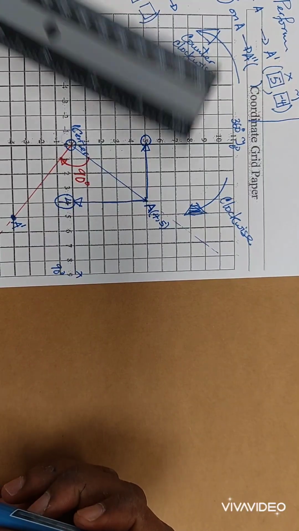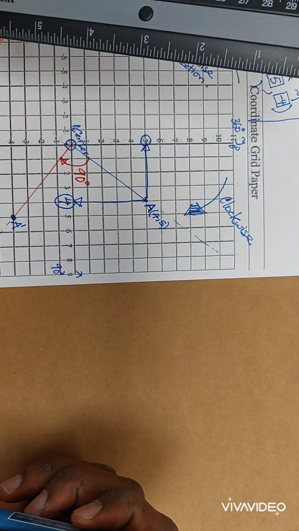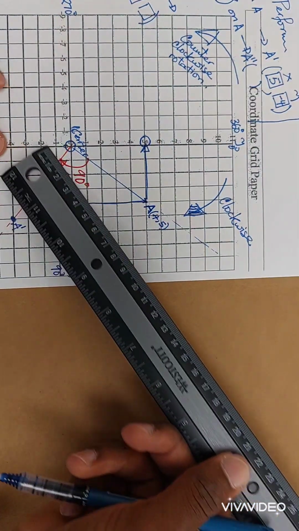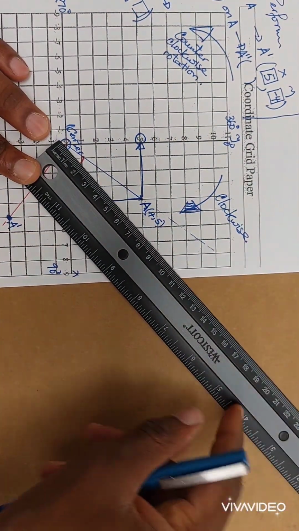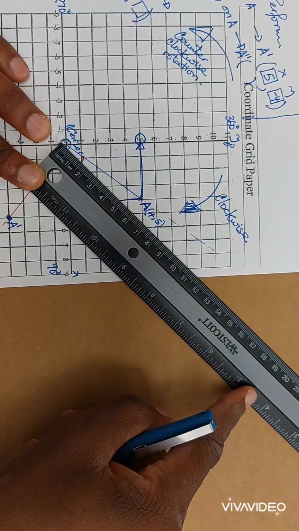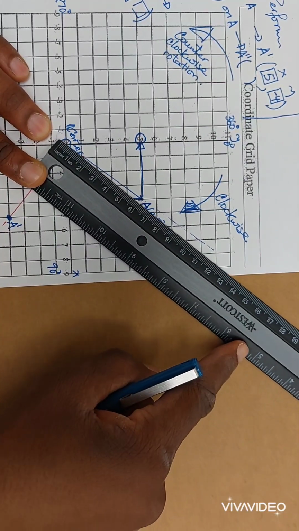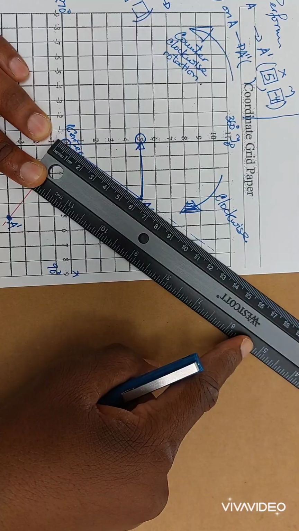Now, the property of rotation says that the length of the line should stay the same. So let's go ahead and take a measurement from the origin to A in centimeters. What is the length of this line that goes from the center to A? Okay, 6 centimeters.